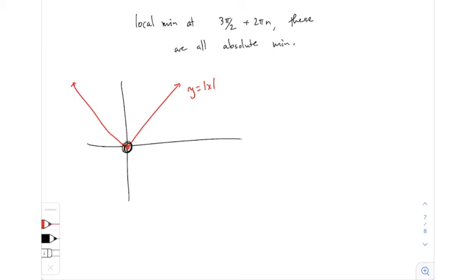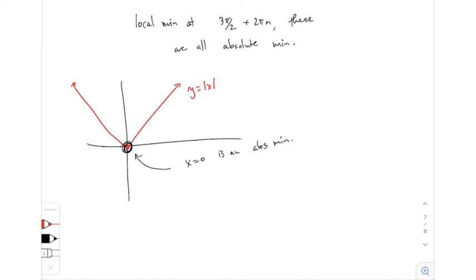What would you call that point? Yeah, I believe that's an absolute minimum point. So this point right here, x equals 0, is an absolute minimum. It's also a local minimum.